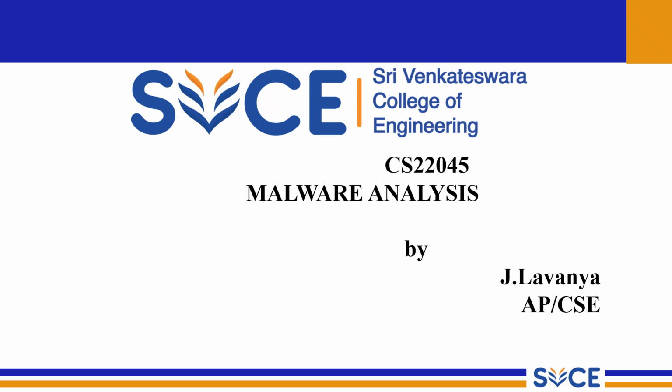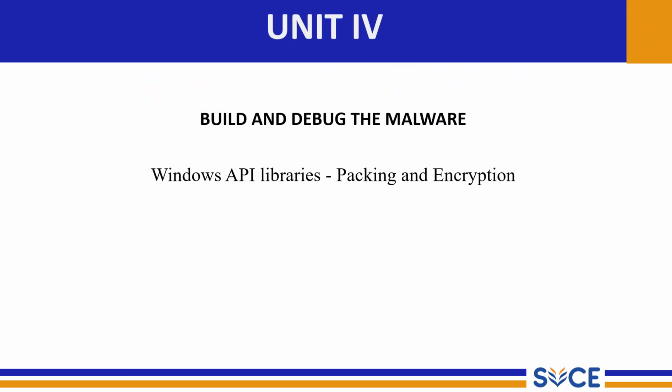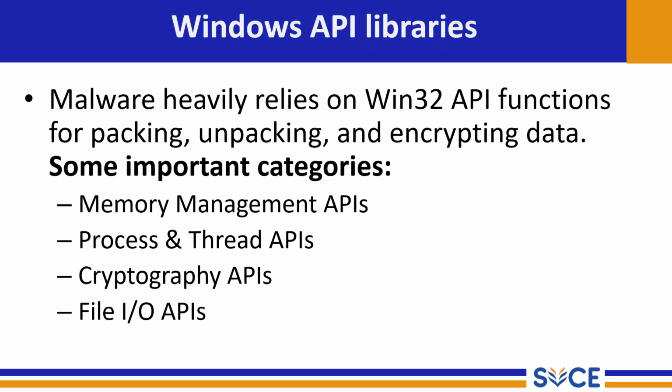So in this video, we are going to discuss the topic Windows API libraries and packing and encryption under the malware. Okay, so let's dive into the topic. So first of all, what is meant by Windows API libraries?